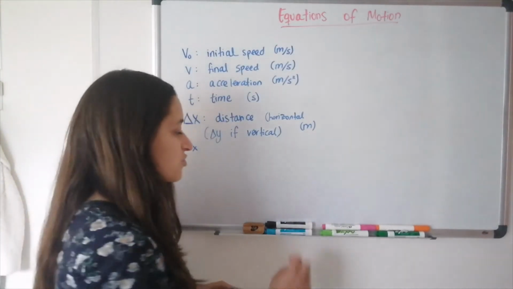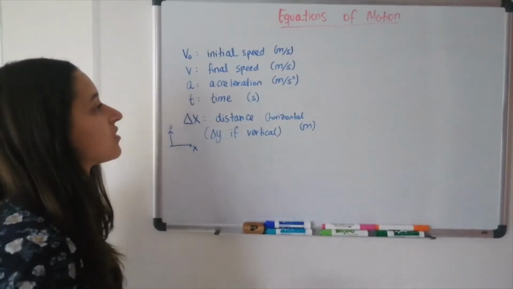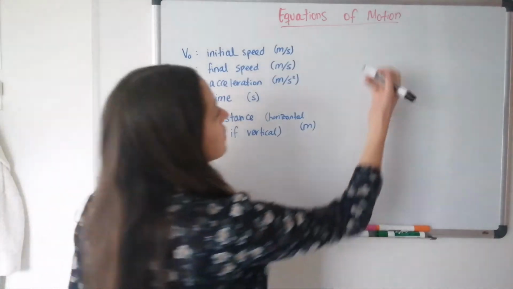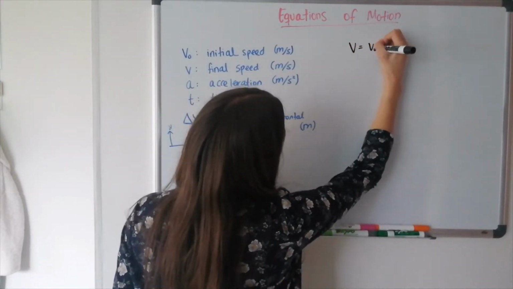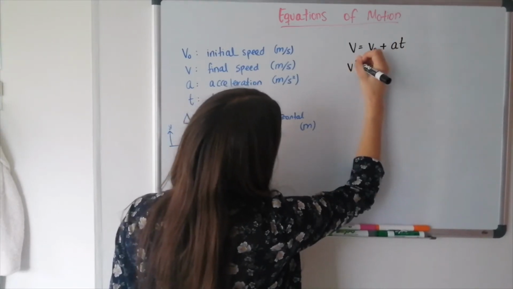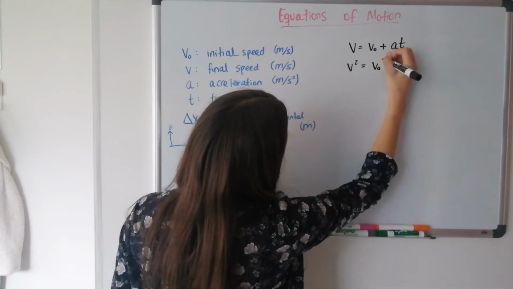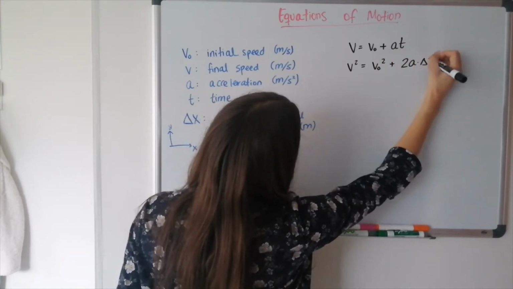Now with our variables, we get a group of equations. So the equations are the following. We have v equals v0 plus at. We have v squared equals v0 squared plus 2a times delta x.